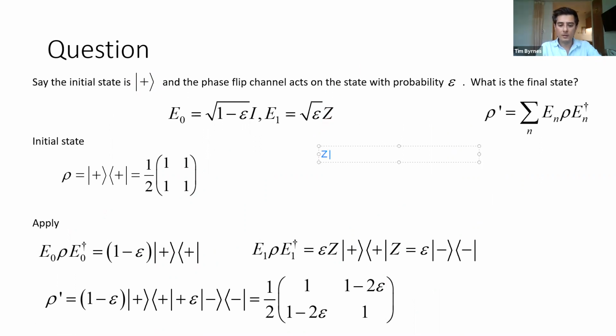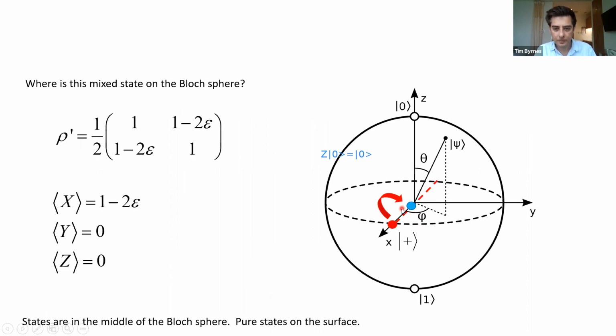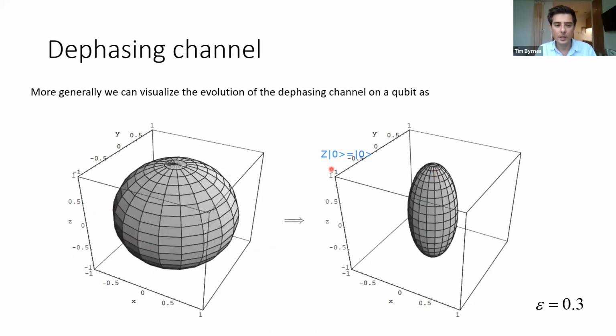Z acting on 0 is still 0. The thing that is supposed to cause the error, which is Z, doesn't affect that particular state. It's a special case, so it doesn't really matter. That's why the state is invariant. So this is the state 0, and it's still there.